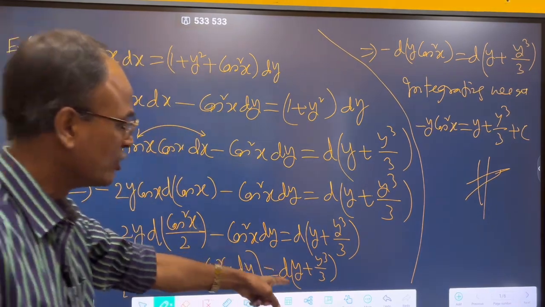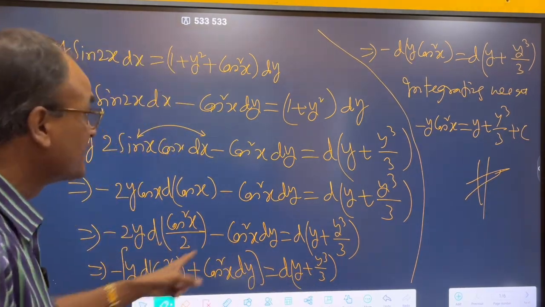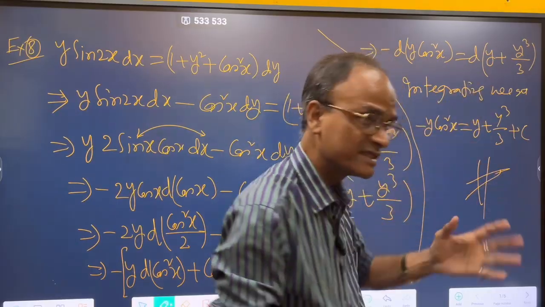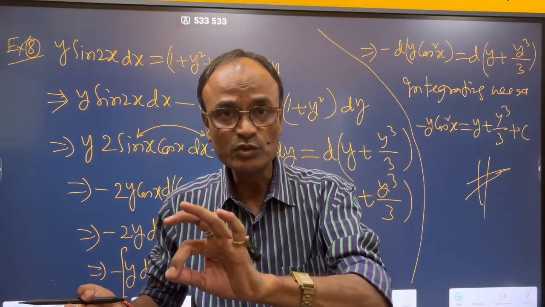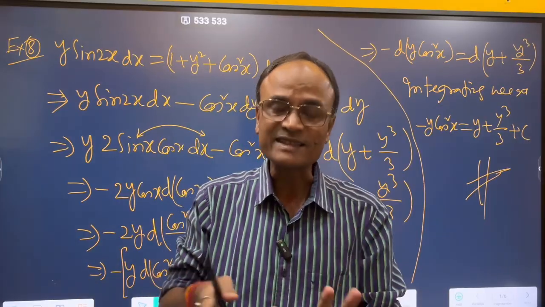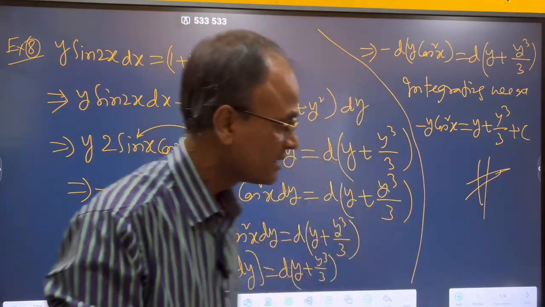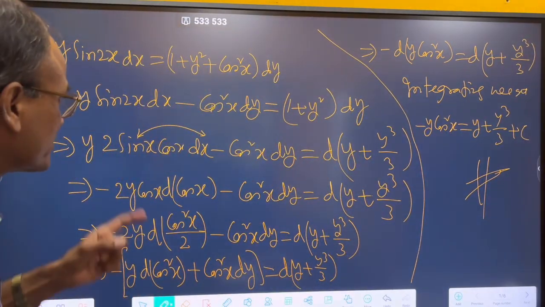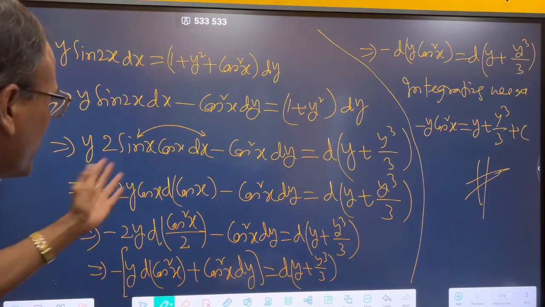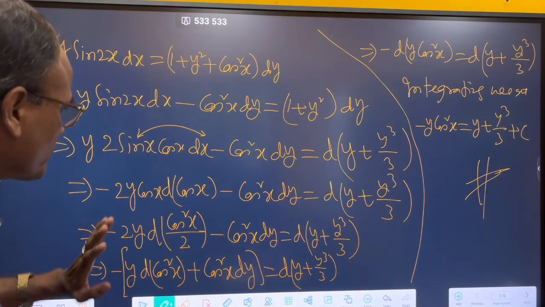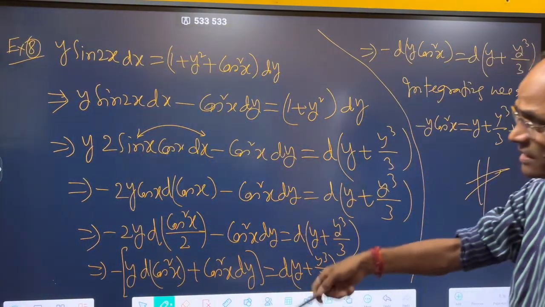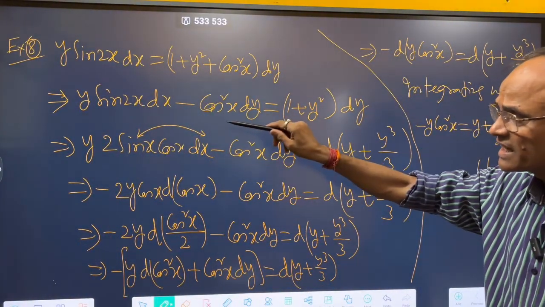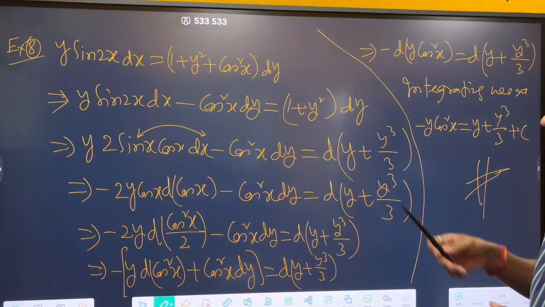You may write here d of (y plus y cube by 3 plus y cos square x), it is of the form d of u equal to 0, where u is a function of x and y. Here we have not multiplied the equation by any factor, just rearranging the terms, you can solve this equation.